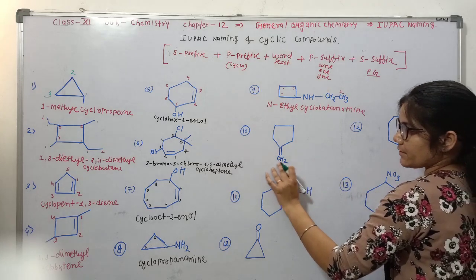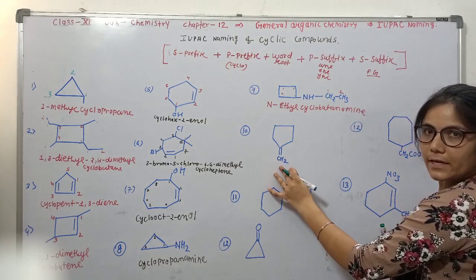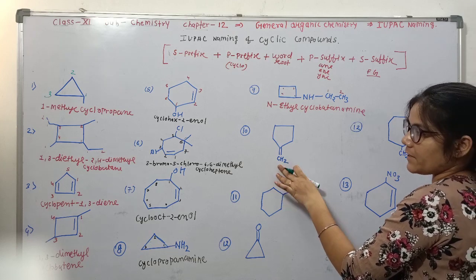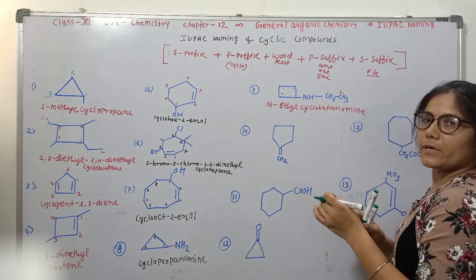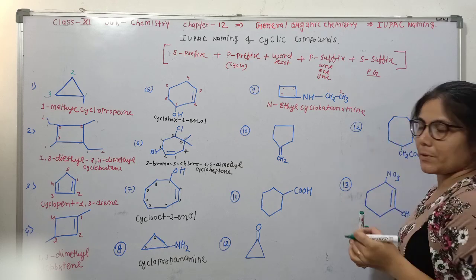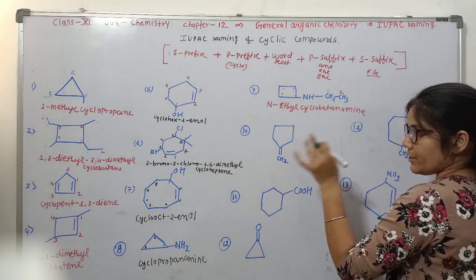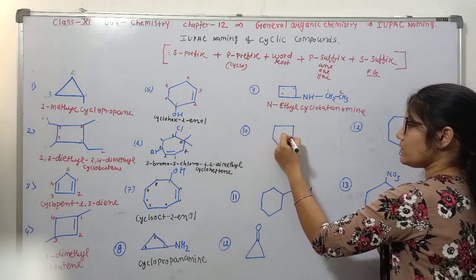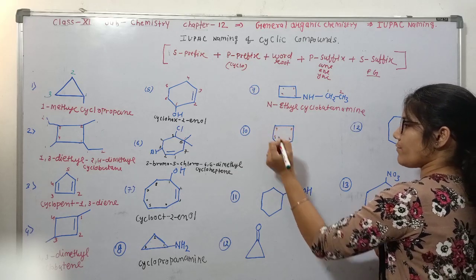See, it is a divalent radical, and the divalent radical is on one carbon, the same carbon only. It is called alkylidene. Remember, alkylidene. So naming, 1, 2, 3, 4, 5.